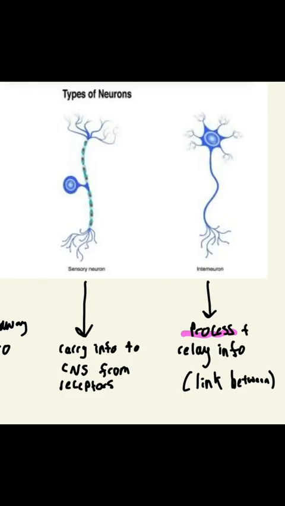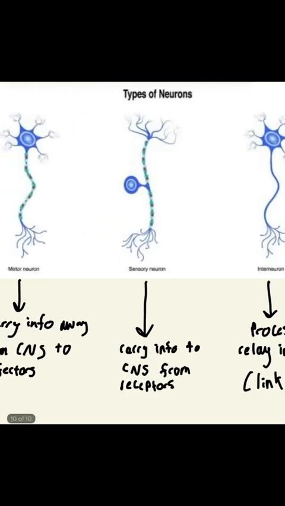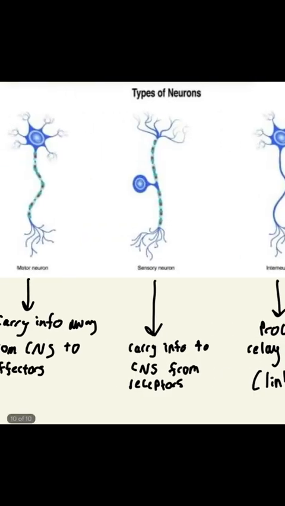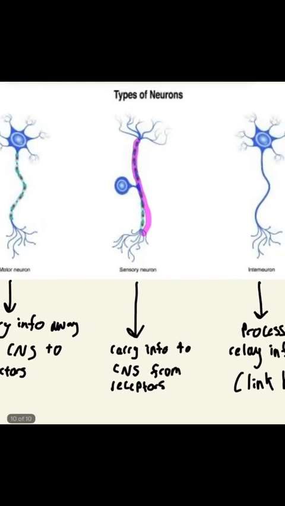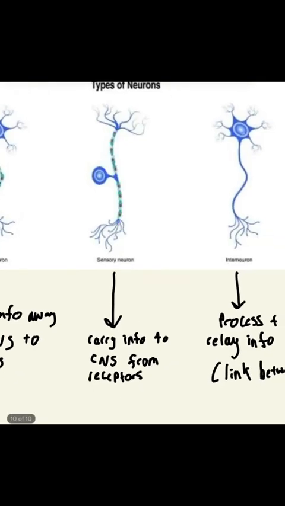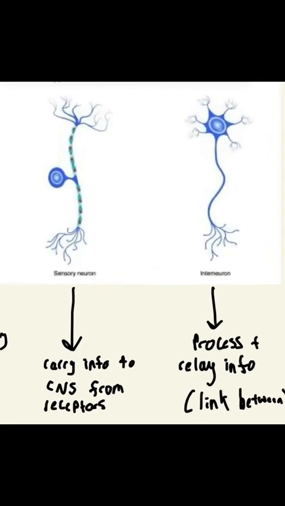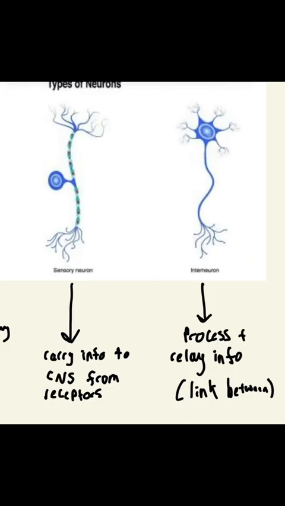Okay. So an example, if you have your hand on a hot element, these sensory neurons will detect it. It'll detect the pain, and then they will send the signal via the neuron up to the central nervous system. Now, within the central nervous system, you will find these interneurons.